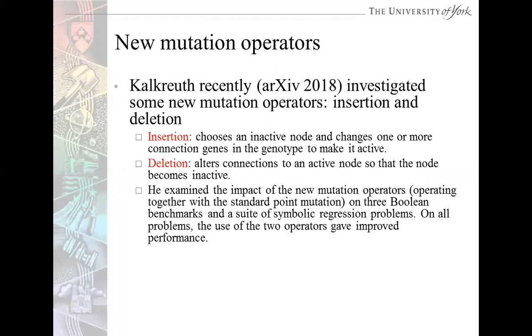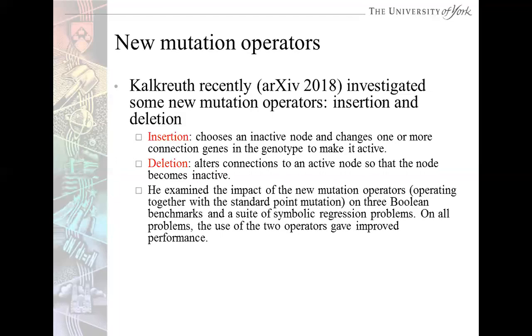Kalkreuth recently examined the utility of two new mutation operators, which he called insertion and deletion, which know about whether nodes are active or inactive. The insertion mutation mechanism chooses an inactive node and changes one or more connection genes in the genotype to make it active, thereby inserting a node in the genotype. Deletion does the opposite.